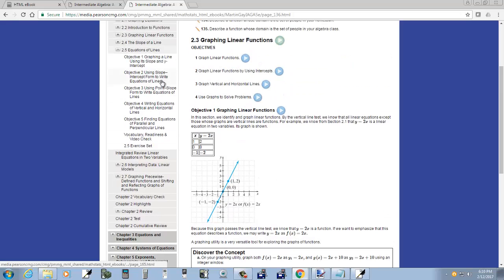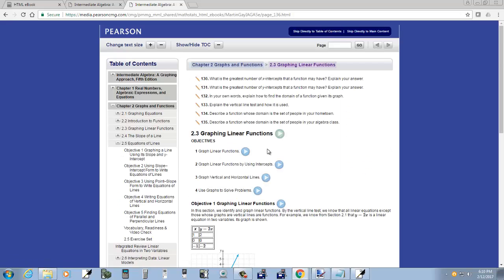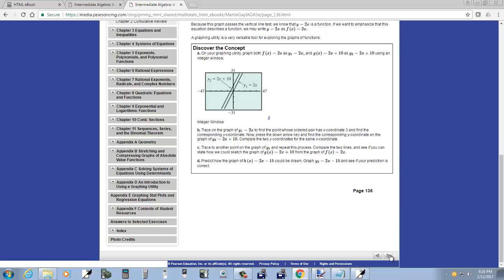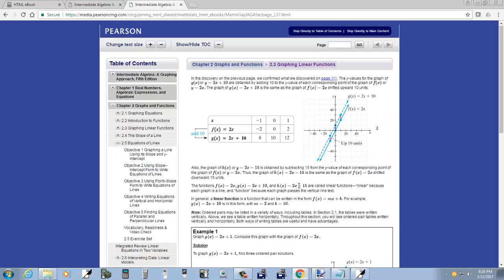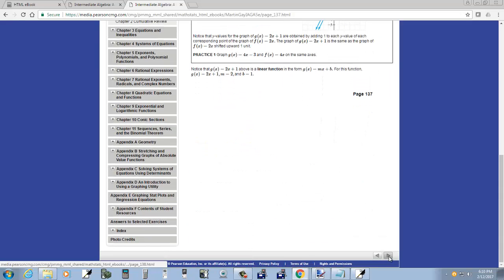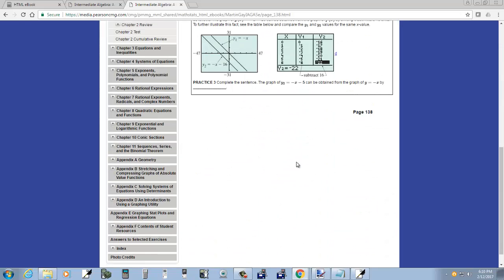Okay, using slope-intercept form, right? Slope of a line, graphing linear functions, introduction of functions. My first inclination, since it didn't say anything about fractions, is to get rid of the fractions.